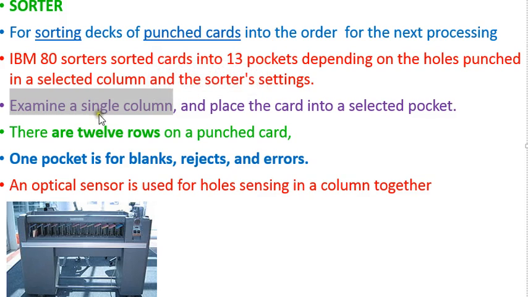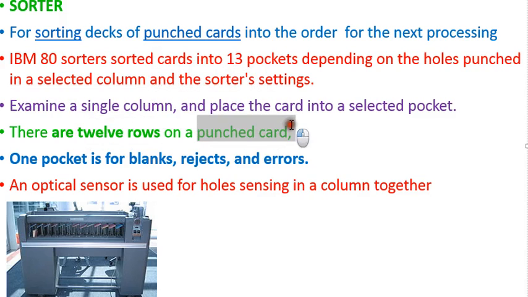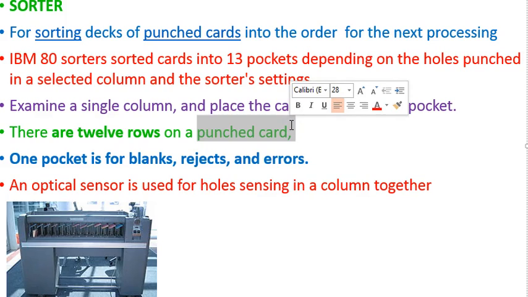And we have 12 rows. Out of these 13 we mentioned, the 12 are used for storing the cards that are already punched, depending on the data in each column examined by the sorter.